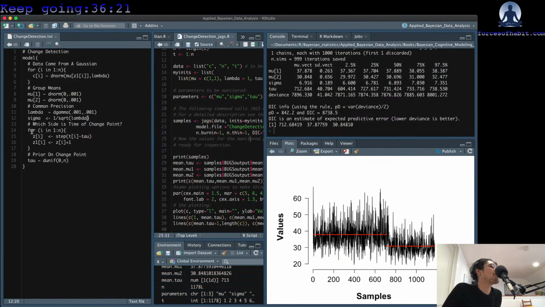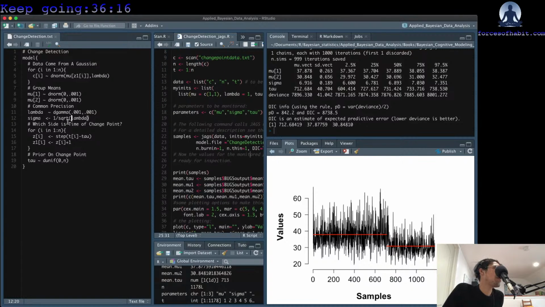And now here, for an observation, so let's say 1, use the step function.